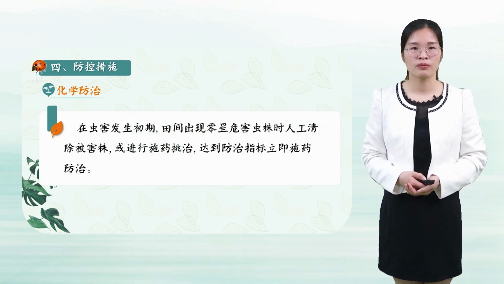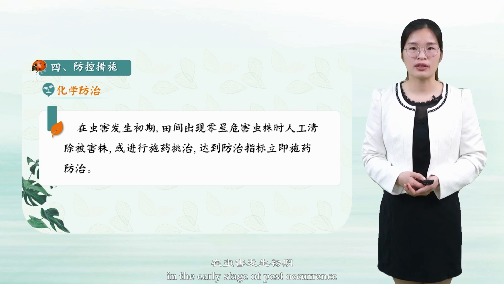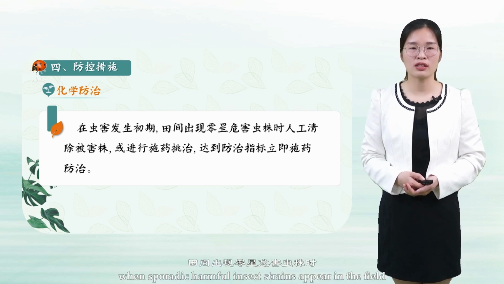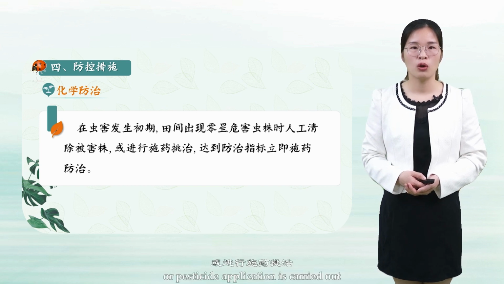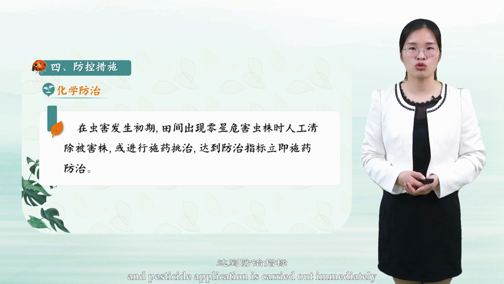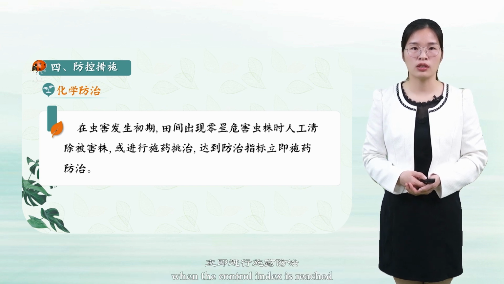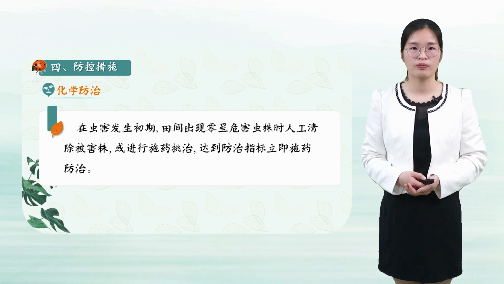Chemical control. In the early stage of pest occurrence, when sporadic harmful insect strains appear in the field, the injured plants are manually cleared, or pesticide application is carried out, and pesticide application is carried out immediately when the control index is reached.